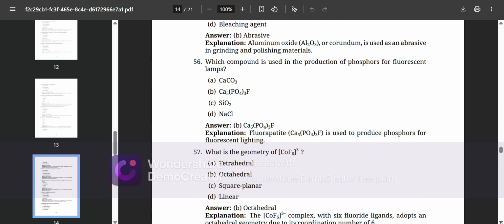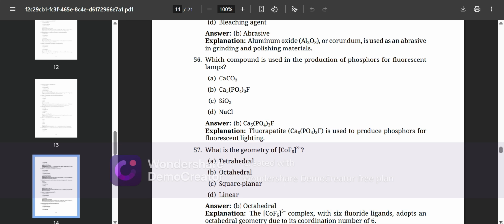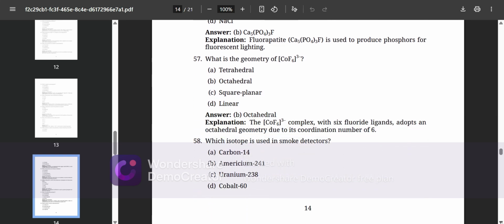Which compound is used in the production of phosphors for fluorescent lamps? Ca5(PO4)3F. Fluorapatite Ca5(PO4)3F is used to produce phosphors for fluorescent lighting. What is the geometry of [CoF6]3-?